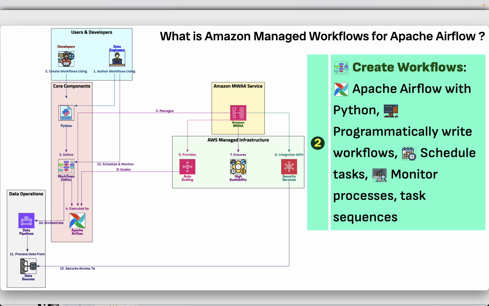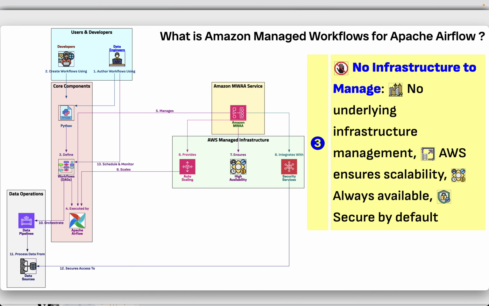This means you can programmatically write, schedule, and keep an eye on all the sequences of processes and tasks you need to run. The best part about Amazon Managed Workflow for Apache Airflow is that you don't have to worry about managing the underlying infrastructure.